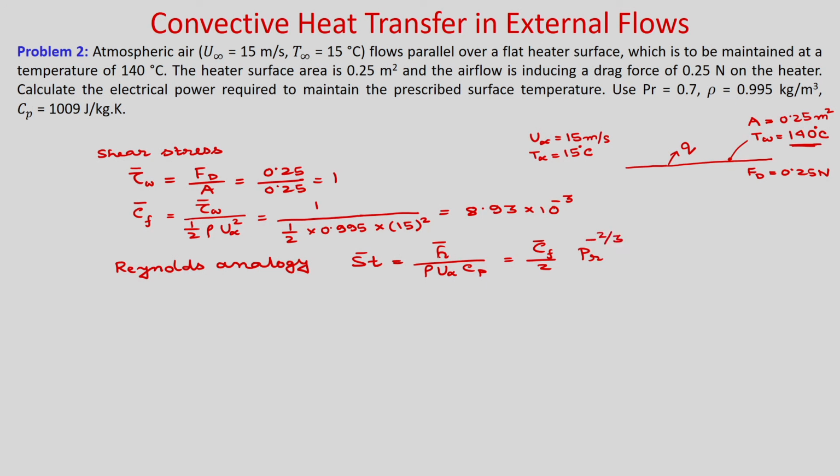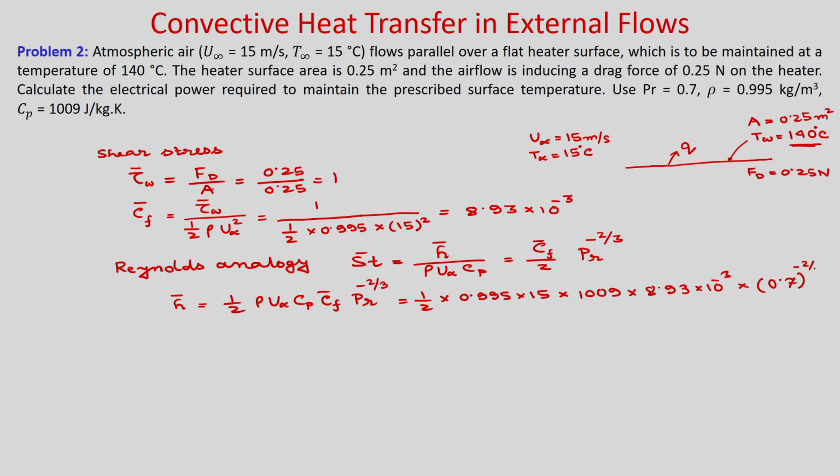From here you can calculate the average heat transfer coefficient h bar as half into rho u infinity Cp Cf Prandtl number to the power minus 2 by 3. So, half into density 0.995 into u infinity 15, Cp 1009, Cf 8.93 into 10 to the power minus 3, and Prandtl number 0.7 to the power minus 2 by 3.